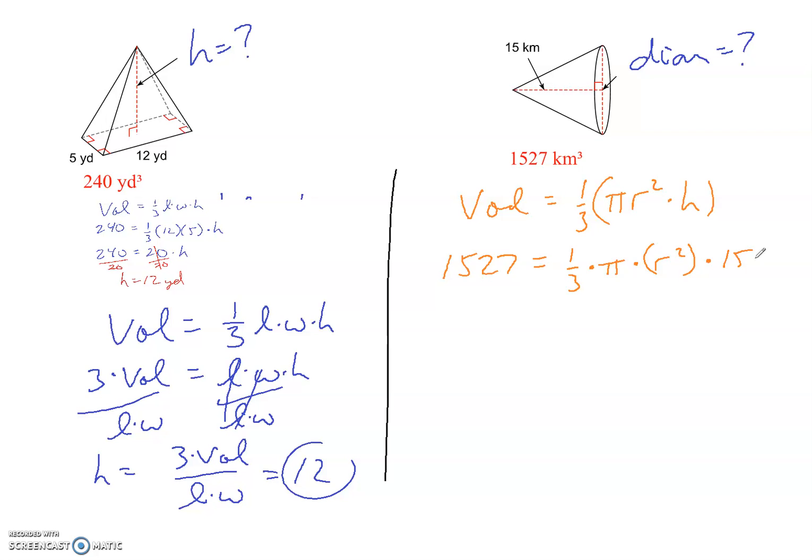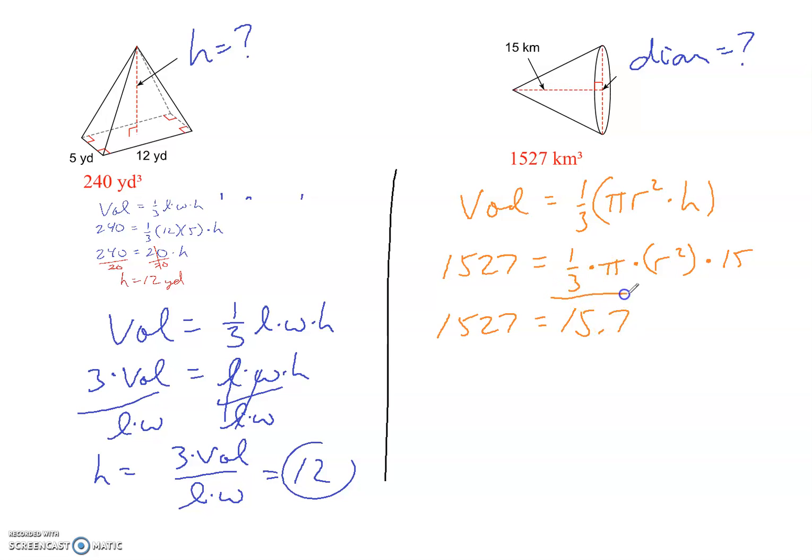So again, some people would just multiply all the numbers they have together. Some people would divide them separately. It doesn't really matter. But let's try just multiplying the 1/3 times pi times 15 to do it a little bit differently. So we have the 1527. If we multiply the pi, the 1/3, and the 15 together, we get about 15.7.